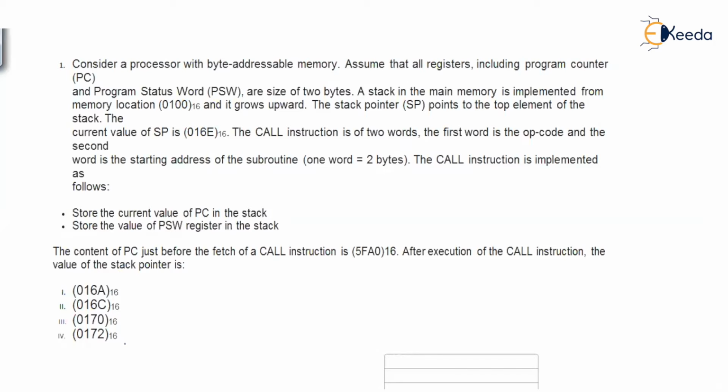Finally, the question asked here is, after the execution of the call instruction, the value of the stack pointer. Here we are asked about the final value of the stack pointer. This is the final question.